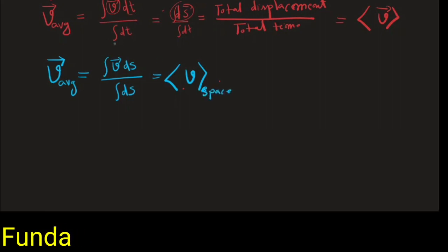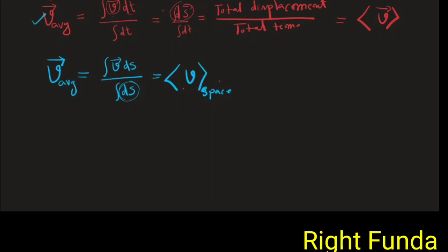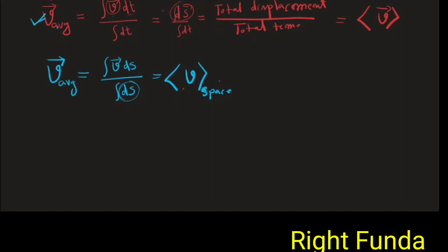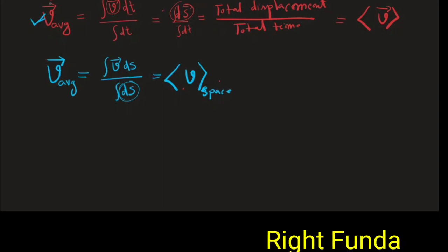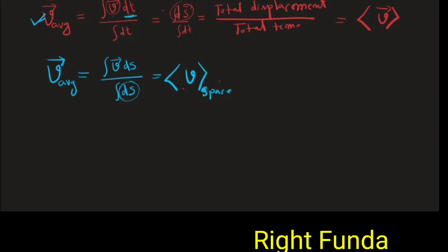So the integration of v dt by the integration of dt is time averaging, and the integration of v ds by the integration of ds is space averaging, averaging over the space. In physics, when somebody says average velocity, we usually take the time average, but by definition both have been defined like this.